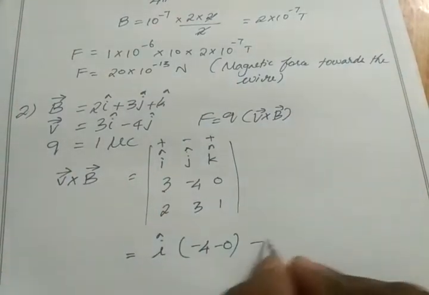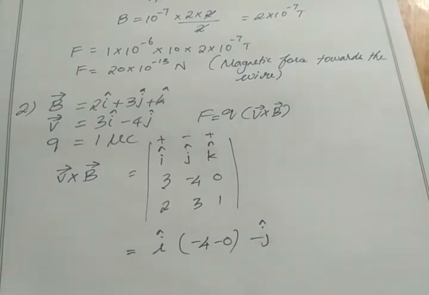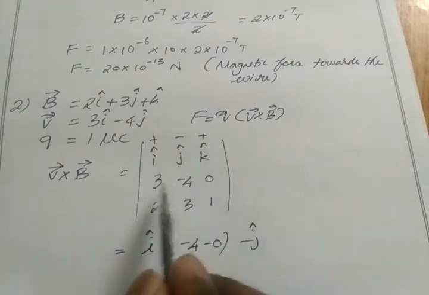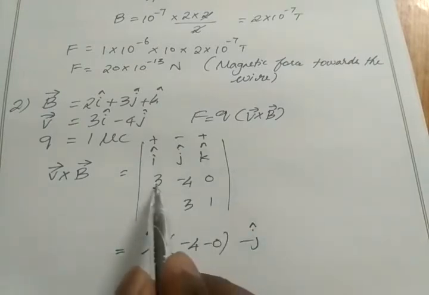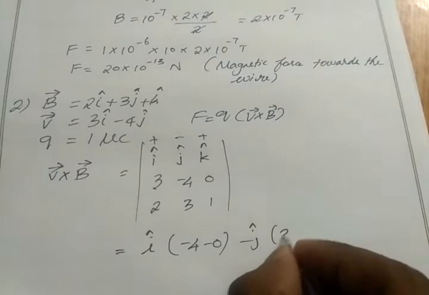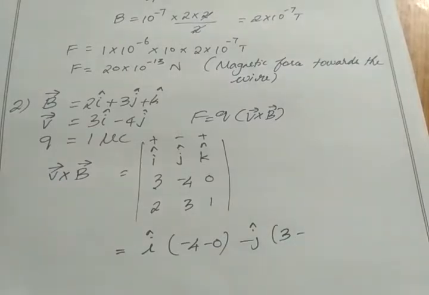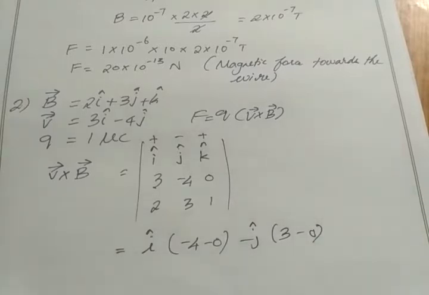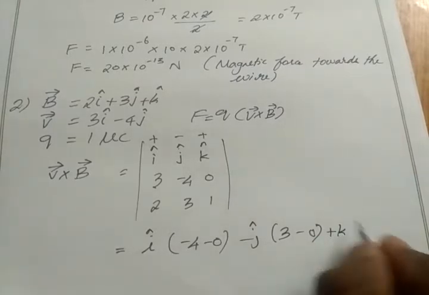So minus j. So leave this column and this row. I have 3, 1, 2, 0. So multiply 3 with 1, 3, minus. In the formula I have minus. Then 2 into 0, 0. Okay, plus k vector.